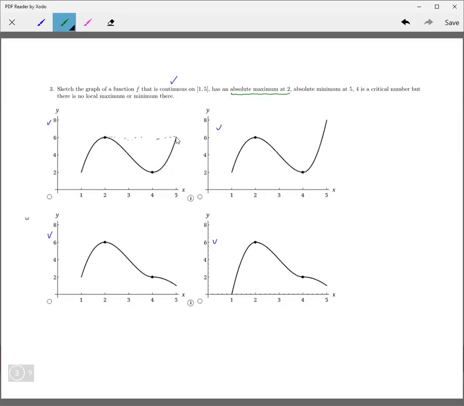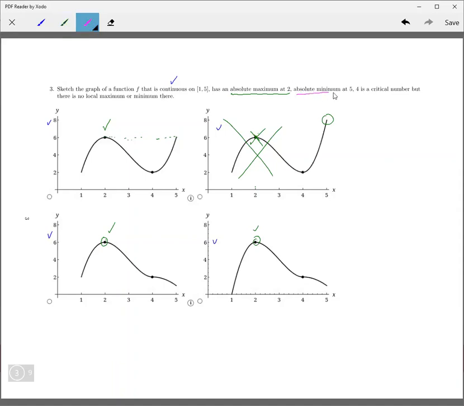Yeah, that seems to be higher than there. That's fine. This is lower. So no, it doesn't have an absolute maximum at 2 because this is higher right here than that point at 2. Here, this one's fine. This is the highest point, and then this is the highest point too, right? So we're good.